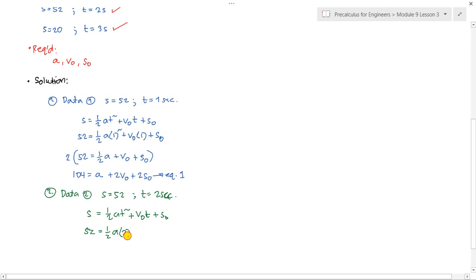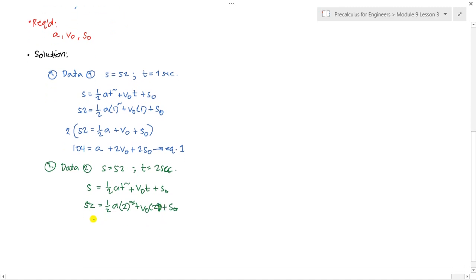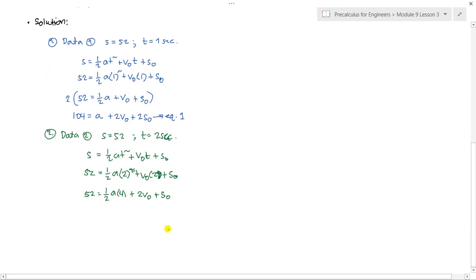The T is 2 seconds, so 2 seconds squared plus V naught times 2 plus S naught. So, 52 is equals to 1/2, then 2 squared is 4, so A times 4, then plus 2 V naught, then plus S naught.